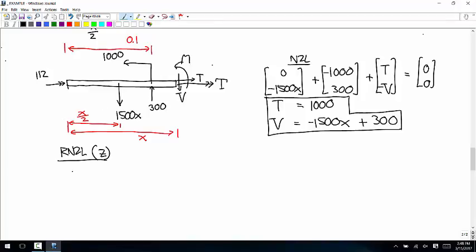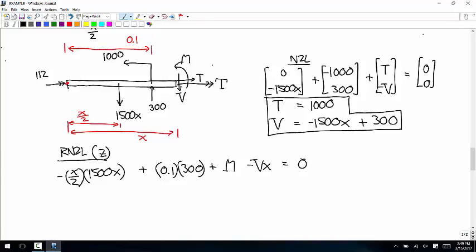So we have x over 2 times 1,500x. That would be clockwise, so that's negative. Then we have 0.1 times 300. That would be counterclockwise, so that's positive. And plus M minus Vx is equal to 0.